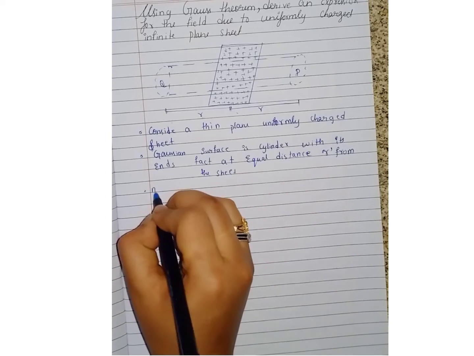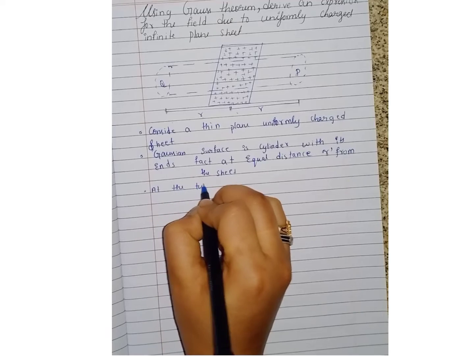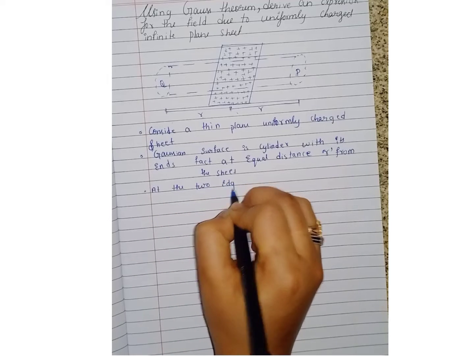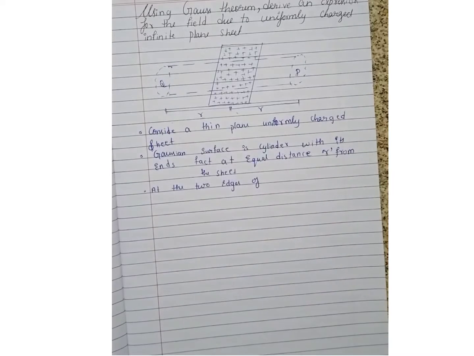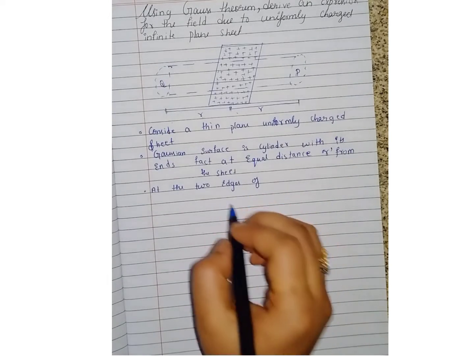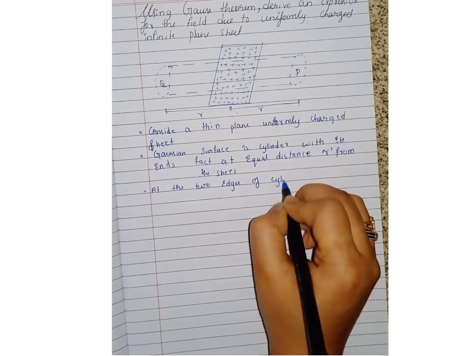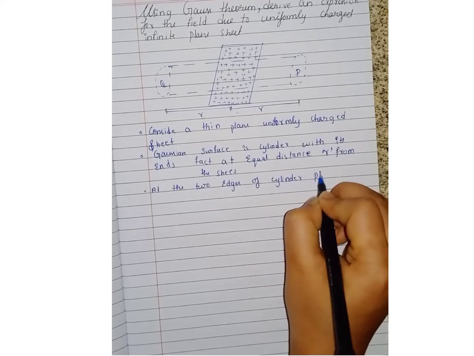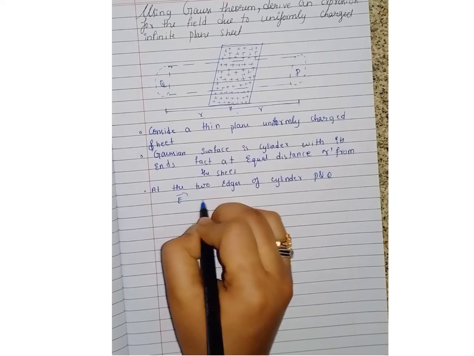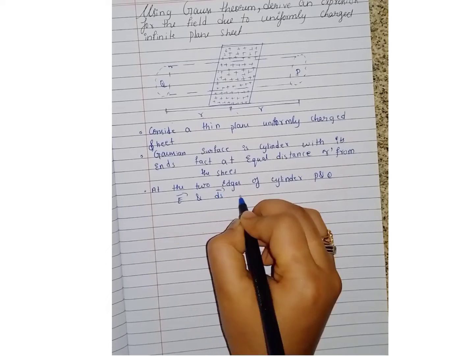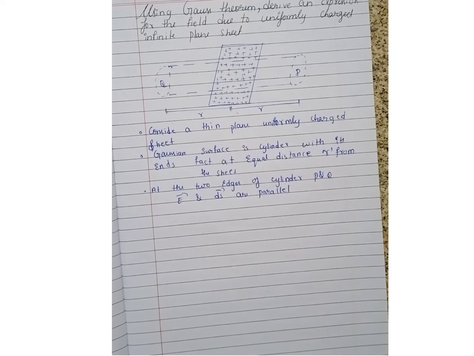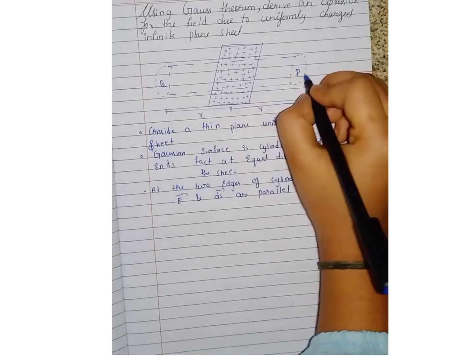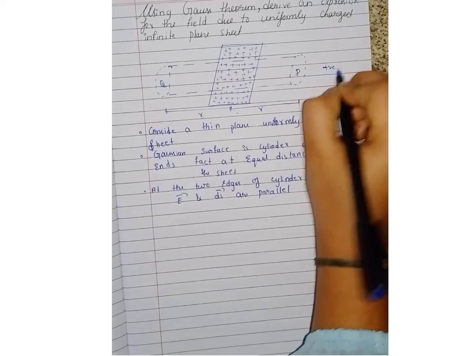At the two ends of the cylinder, P and Q, the electric field and the area vector are parallel to each other. How? See, we place a unit positive charge.